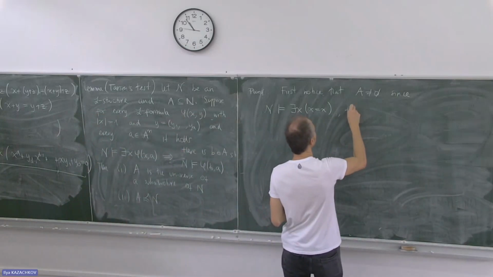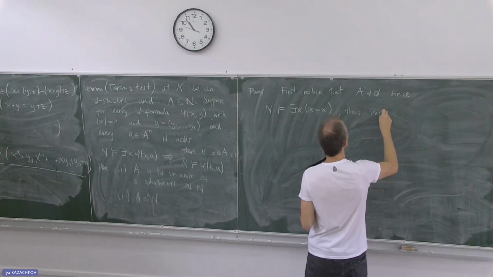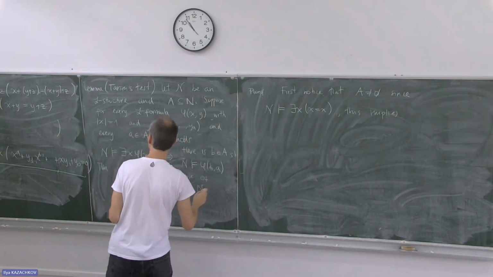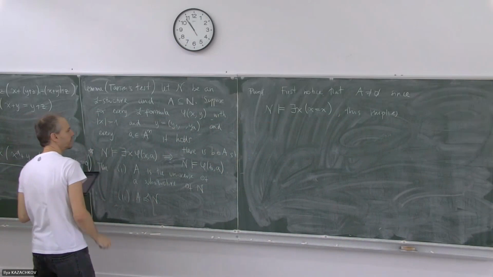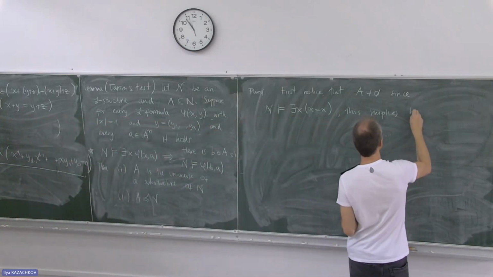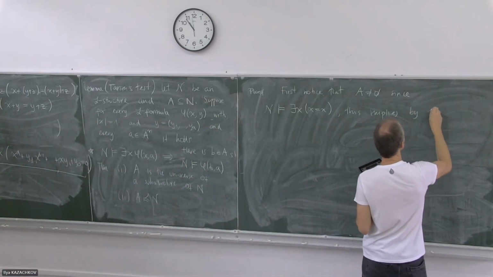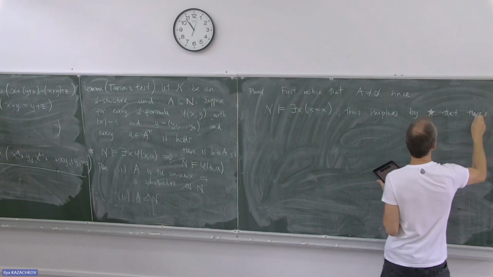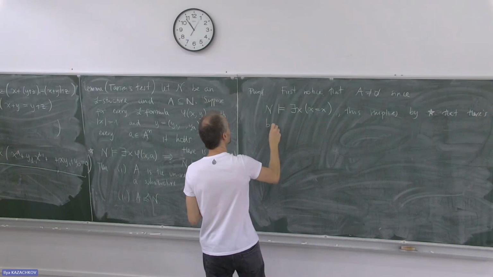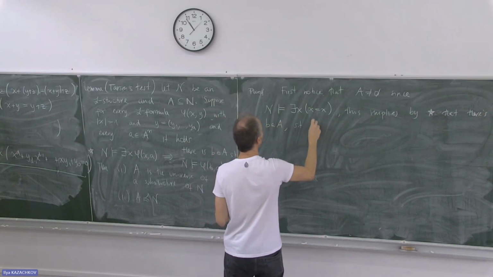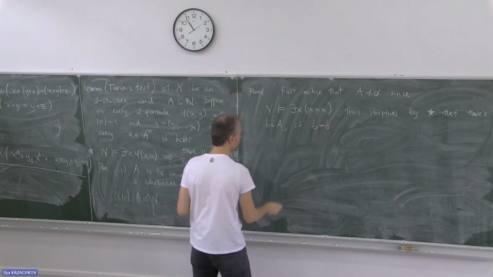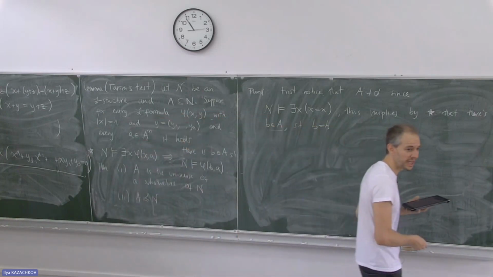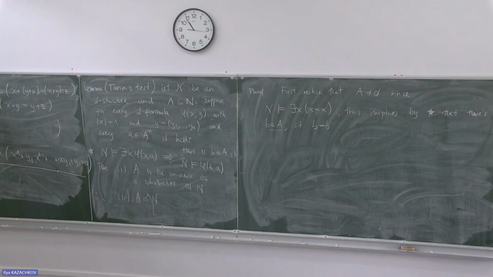And this implies, perhaps we can put here our condition, this is condition star. So this implies by star that there is b in A such that b equals b, but the important part is, of course, this one, right? That there is at least an element in A, so A is non-empty.